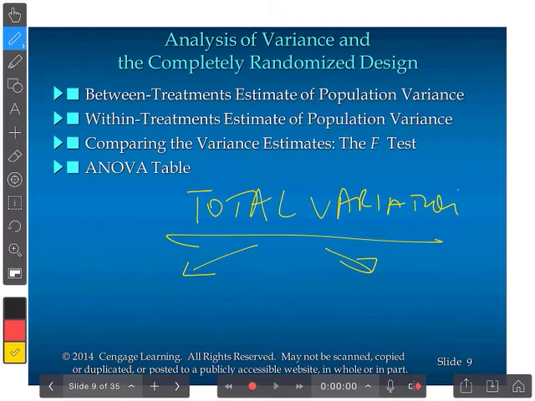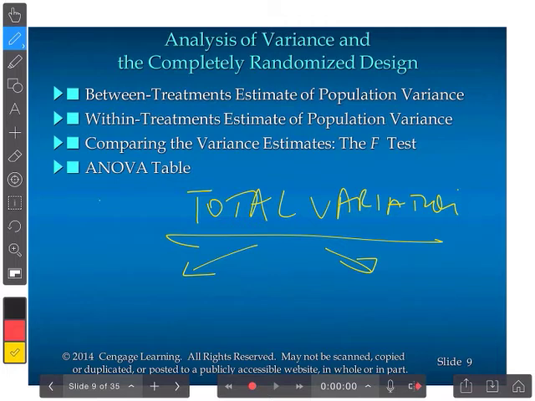We say that there's what we call between treatments variation. That means from one treatment to the next. If we have 3 treatments or 4 treatments or whatever it is, then as we go from treatment to treatment, there are differences between the values. So in the case where the X bars came from different populations, there is variation across those different populations. We call that the between treatments estimate of the population variance.